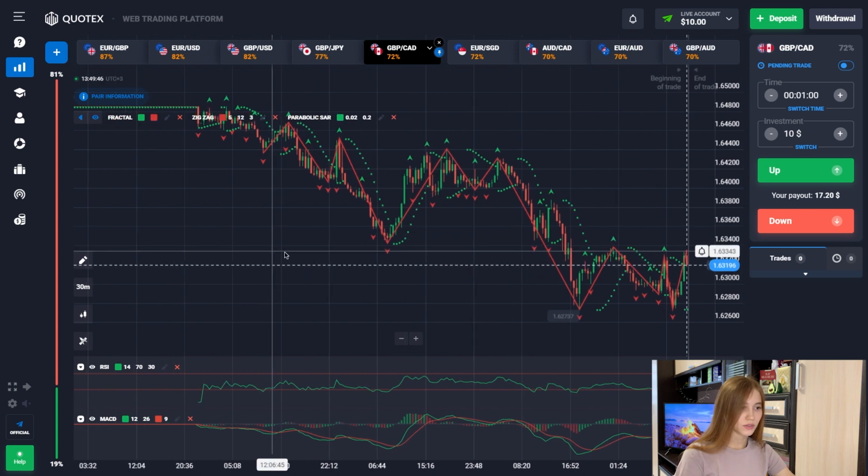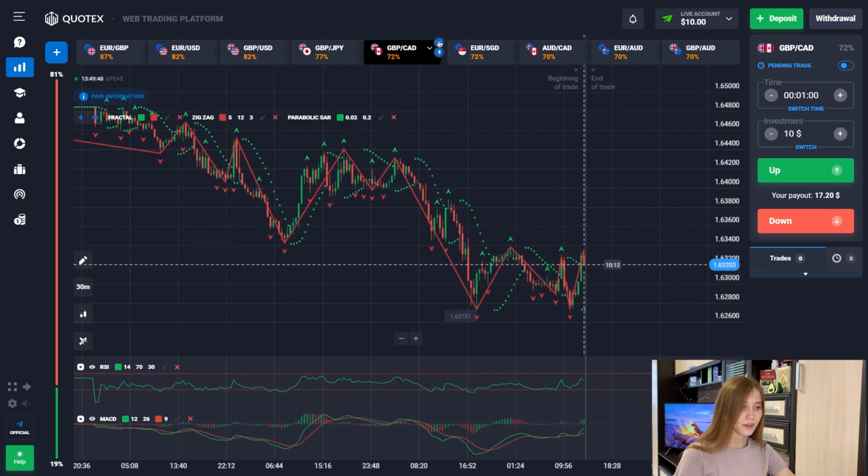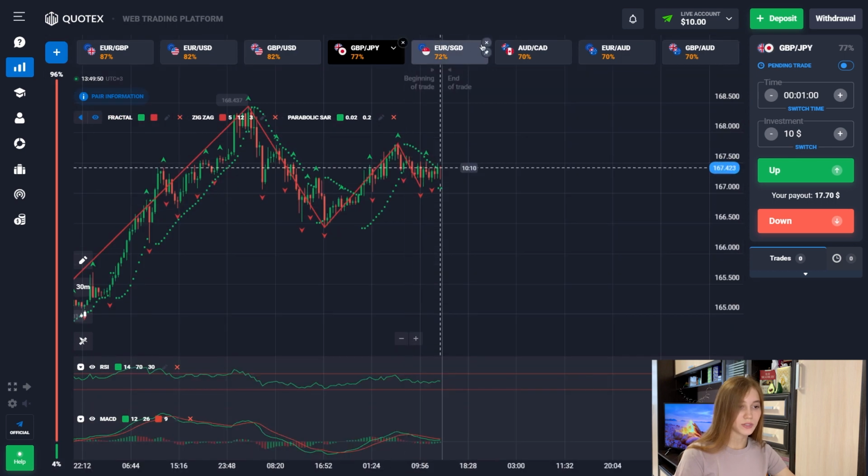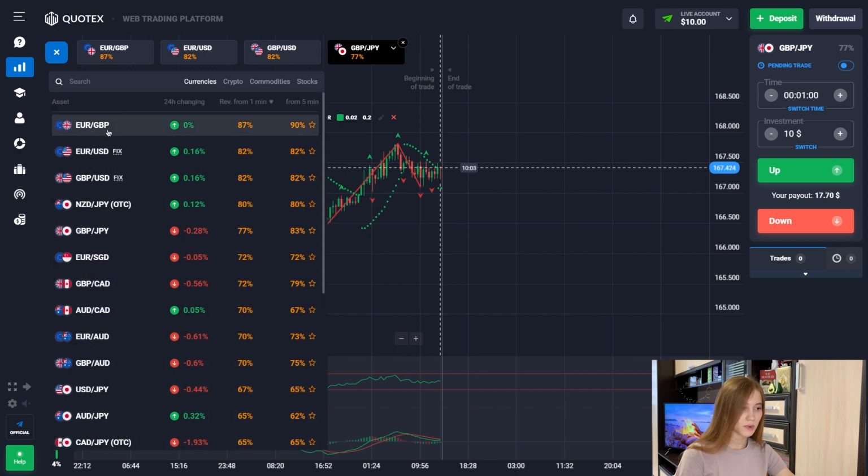Let's turn on the parabolic, and then we won't need the indicator. Close the unnecessary currency pairs.